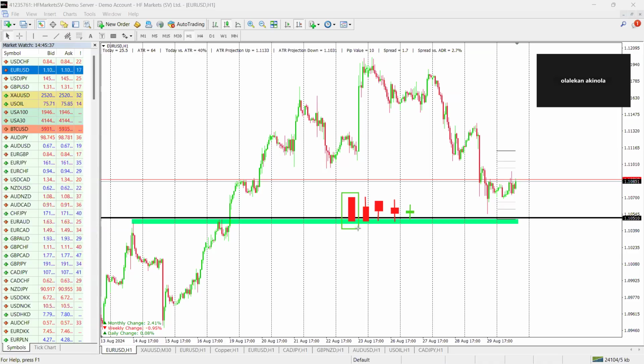Those pending orders are the ones that cause that rejection you see. Like this one, for example, when price got to a level around this region, the only reason why this wick formed is because some pending orders were already activated. Some take profits were already activated. Some new buy orders were coming into the system, which means the market was really ready to stop that sale and put up a bit of resistance for buyers.